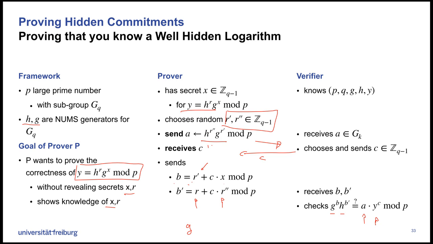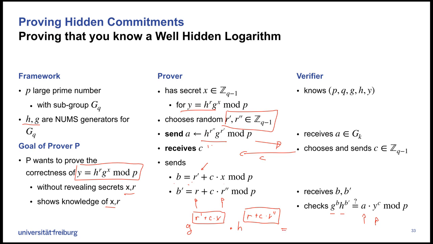So let's see if I made a mistake. So what you have, G to the B is R prime plus C times X. Okay, so that's what we check. So this is hidden for the verifier. When you multiply it with H to the B prime, which is R plus C times R prime prime. Also hidden.